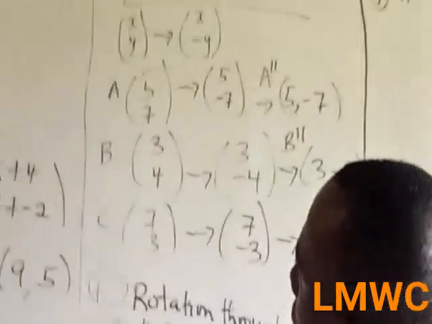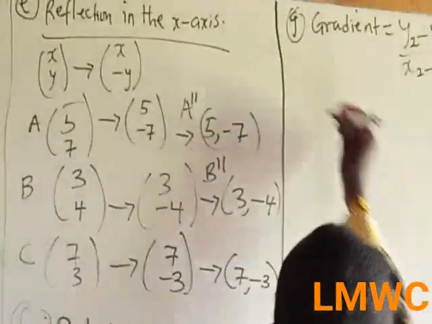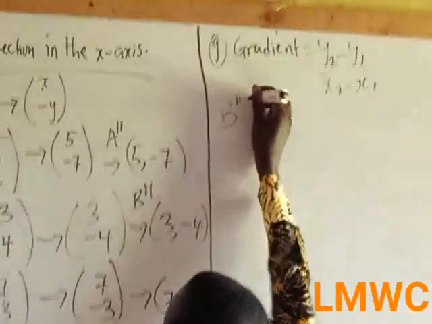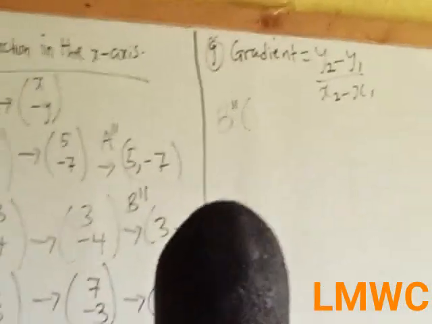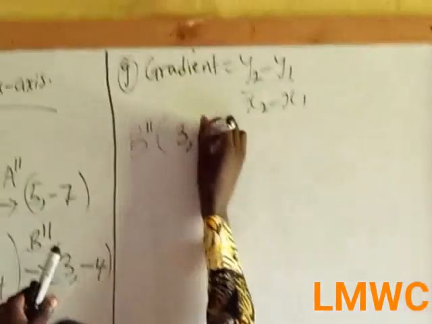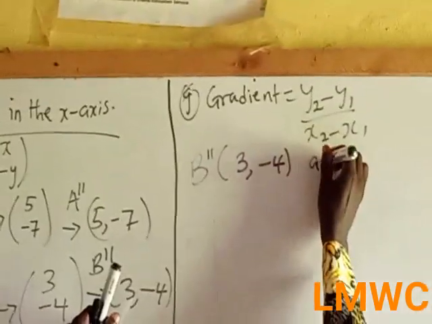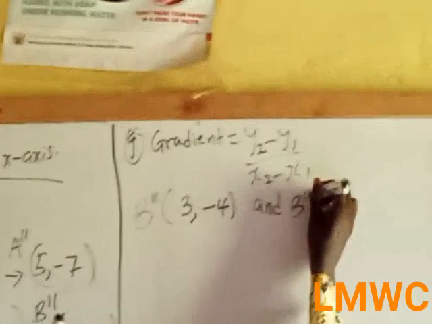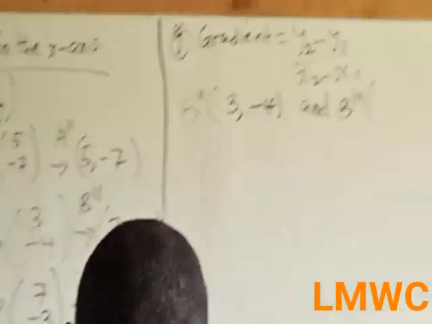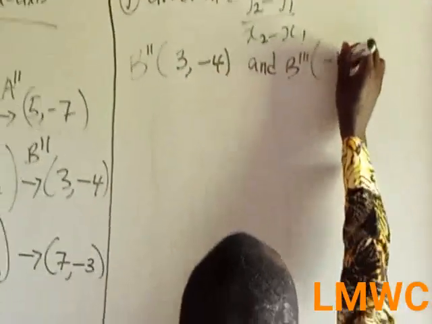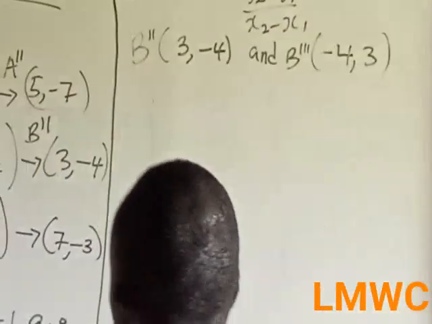But they are saying B2 and B3. Now what is B2? Let's identify the coordinates. B2, we have 3, 4. And B3 we have negative 4, 3.